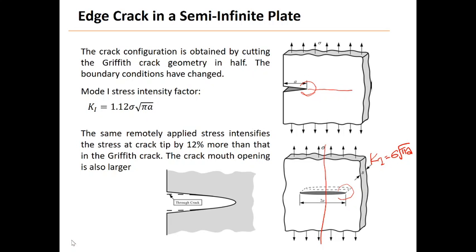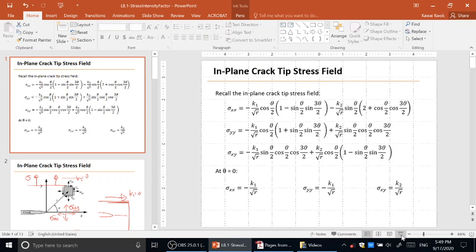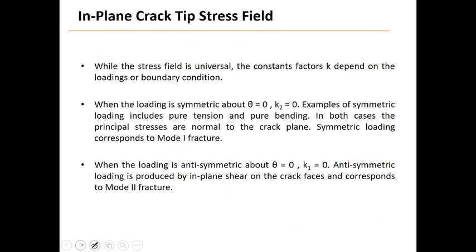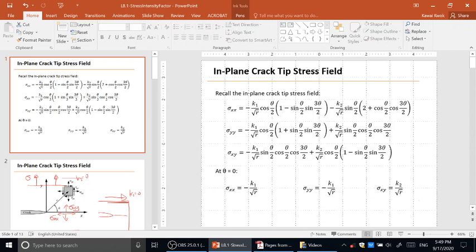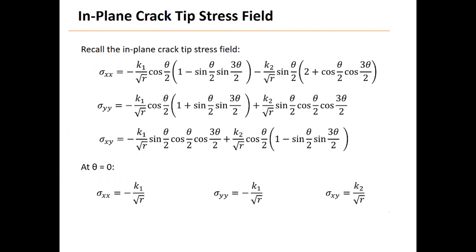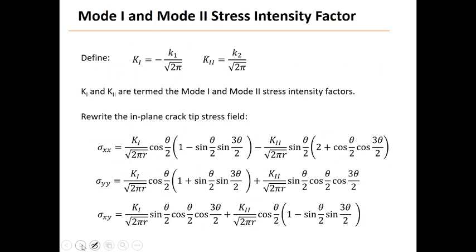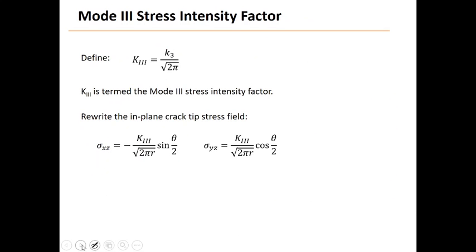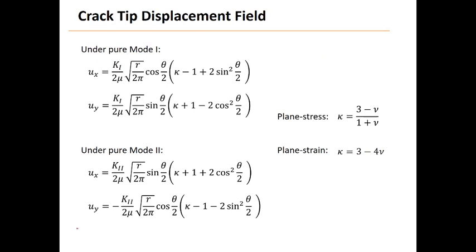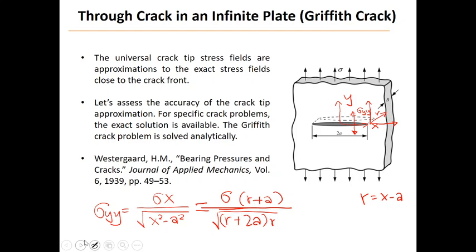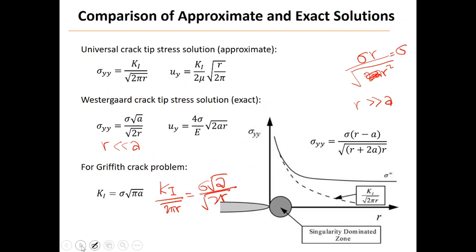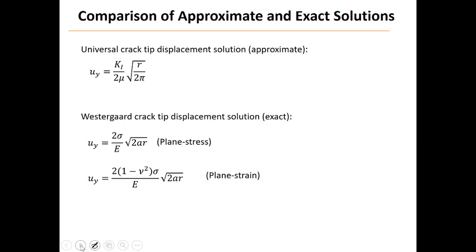What you can do is formulate a fracture criterion based on the stress intensity factor, because at the beginning we talked about the Griffith energy release rate, and we need to make sure that the energy release rate being applied is not more than the fracture energy of the material.